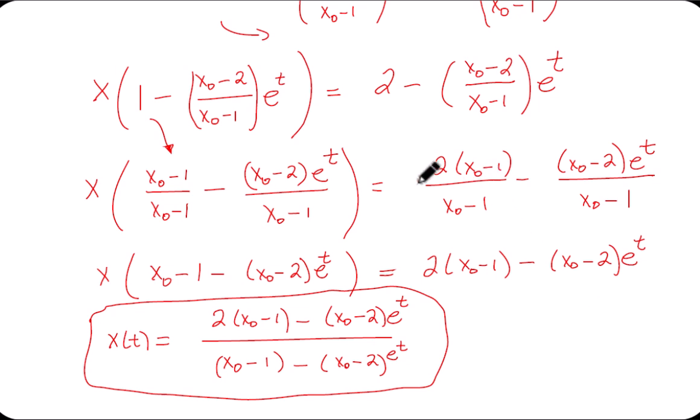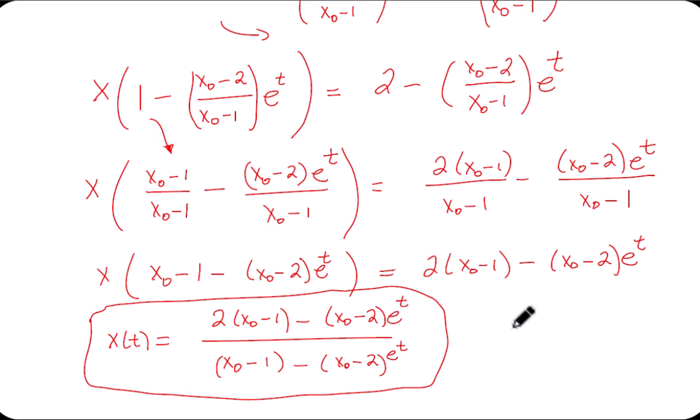All right, so looking at that, I've got this term here. This is all over this term, x0 minus 1. All right, so looking here with a bit of algebra, we finally get to our solution, which depends upon x0 and on t.